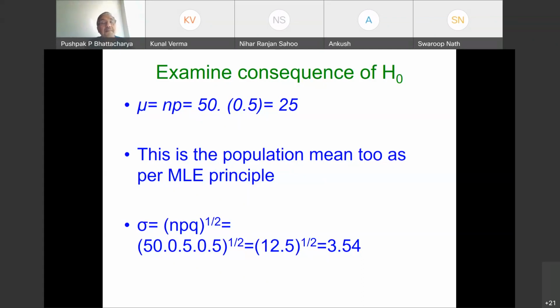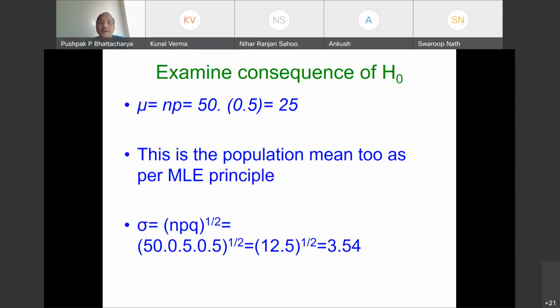So then if n tokens are given, then 25 of them will be tagged as named entity. Okay, so this is mu. Mu is equal to n into p. 50 tokens have been given. P is the probability of being labeled as named entity or not. So 50 into 0.5 is 25. So this we have to accept as the population mean.